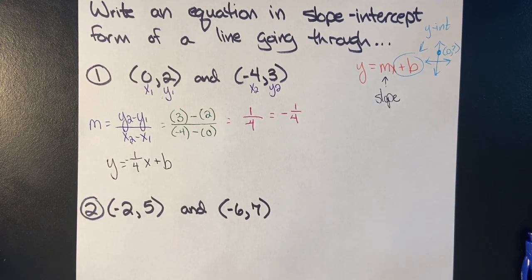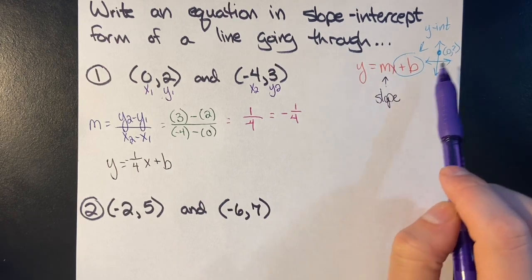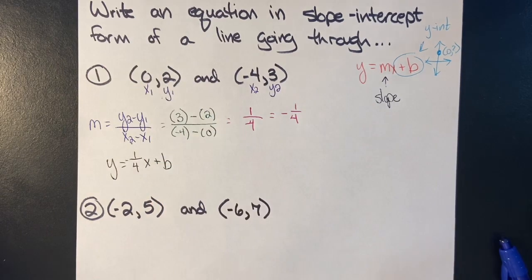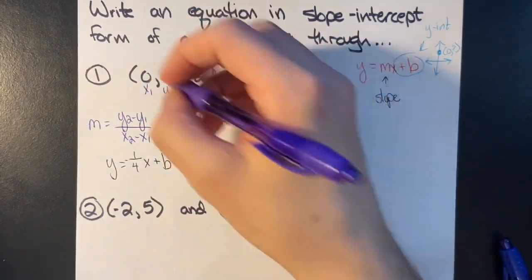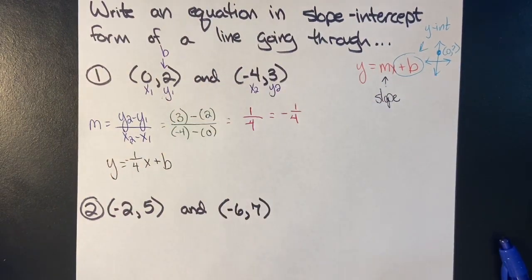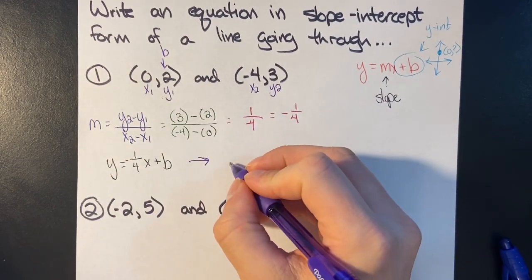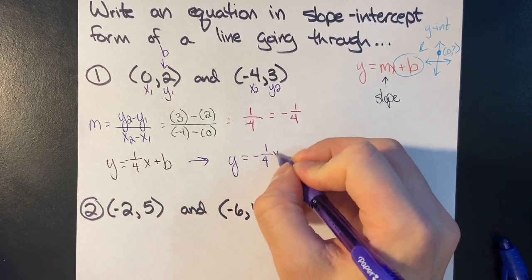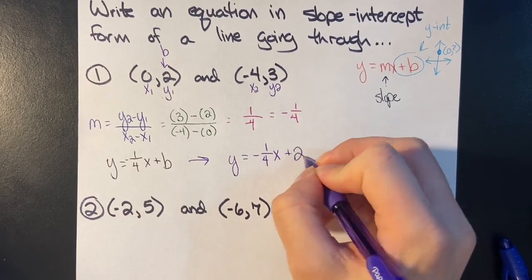This one's friendly because b exists when x is 0. Look at one of the points I was given. X was 0, which means that right there is my b. So my final answer will be y equals negative 1 over 4 x plus 2.